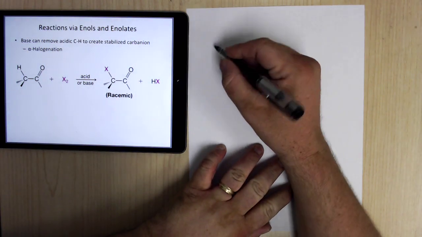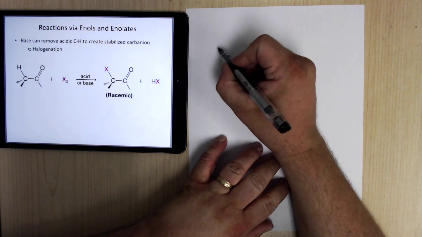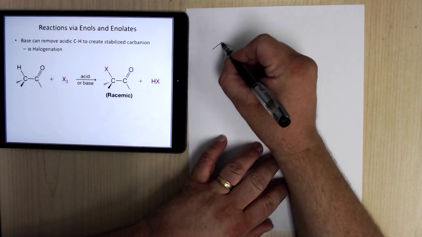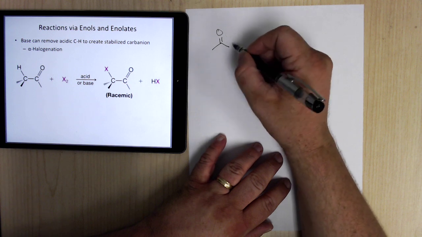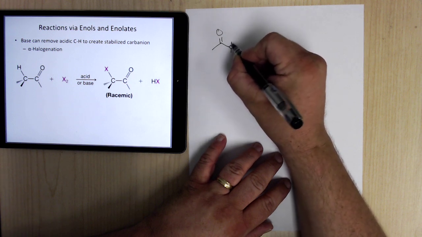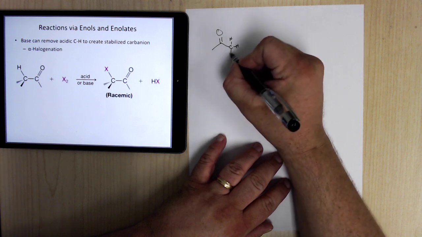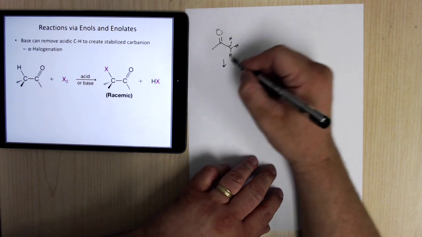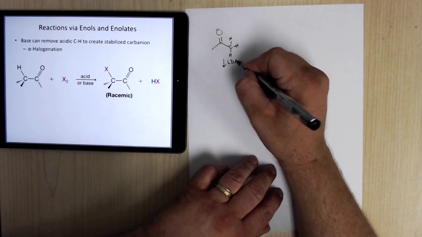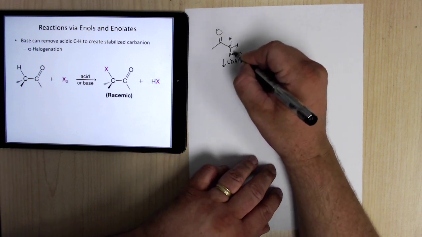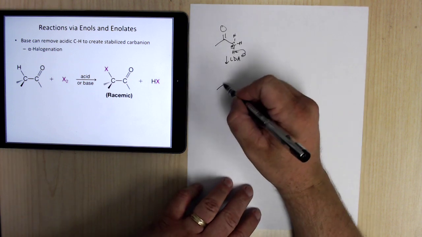If you have something like this and you hit it with LDA, it's a base. It's going to grab that and put those electrons there.